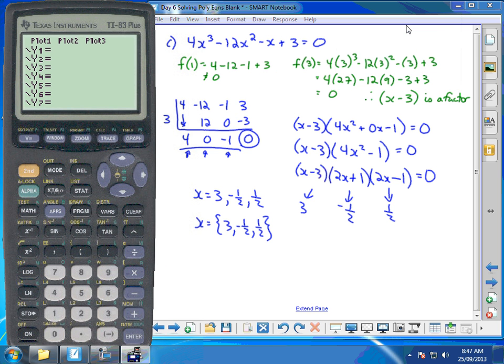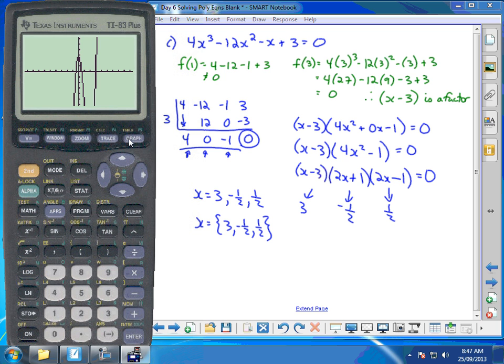So you wouldn't do this all the time, but now we could pull out our graphing calculator just to double check that in fact we've done this correctly. So I'm going to go with my graphing calculator, put in the equation. So it's 4x cubed minus 12x squared minus x plus 3, and graph that.